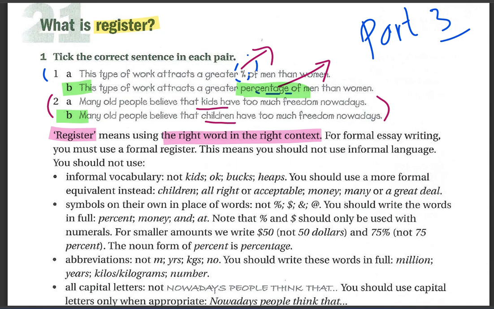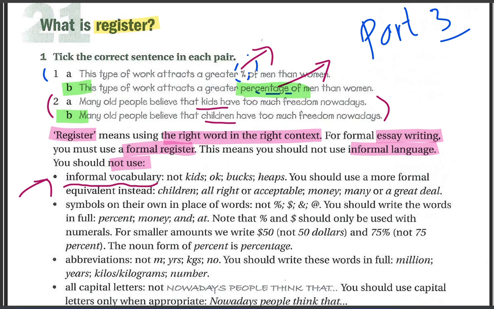So in here, it's all about choosing the correct word, depending on formal or informal situation, the connotation, and many more details. For formal essay writing, you must use a formal register. This means you should not use informal language. So let's read together 1. You should not use informal vocabulary such as kids, okay, bucks, heaps.